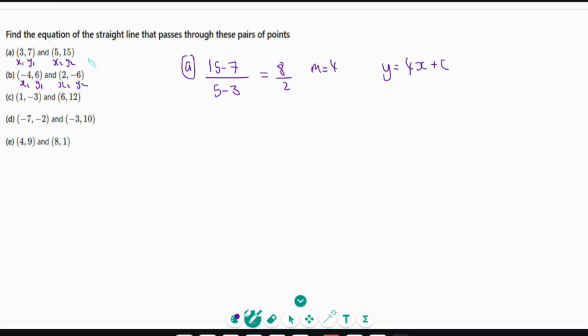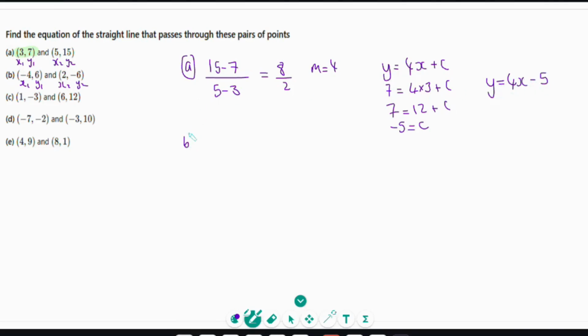Let's sub in, we'll do these ones this time. Take 12 from both sides, gives us c is minus 5. So your equation is y equals 4x minus 5.